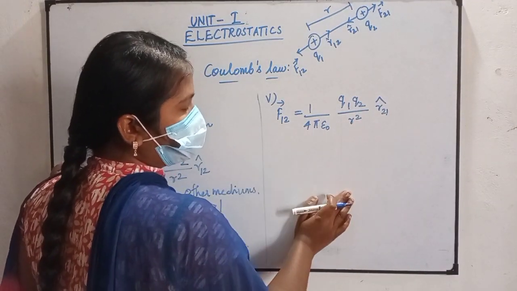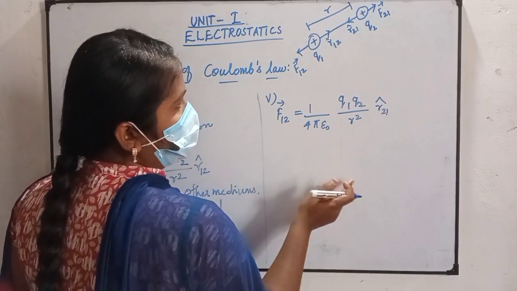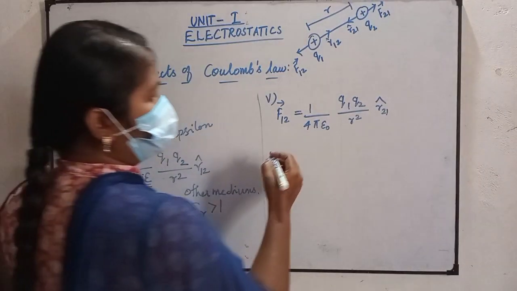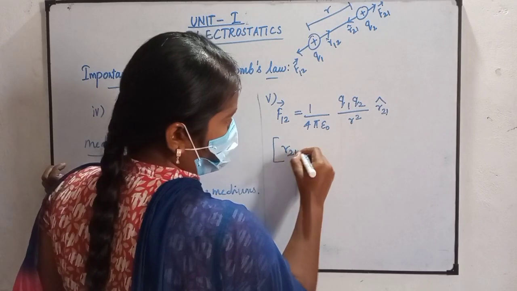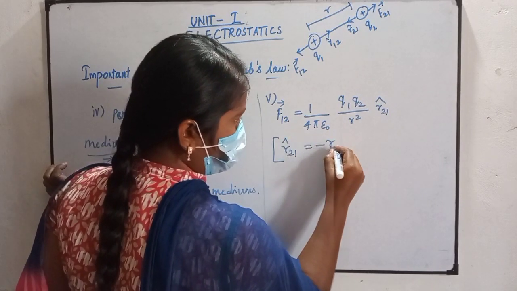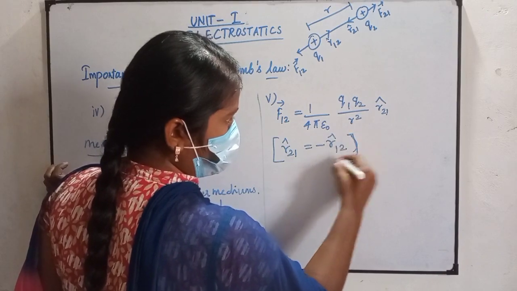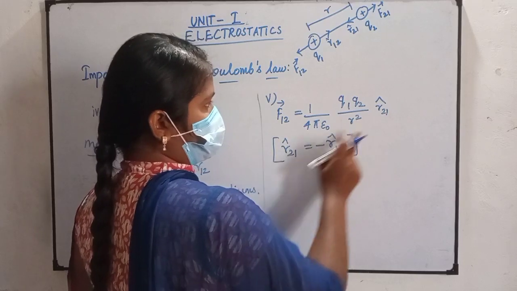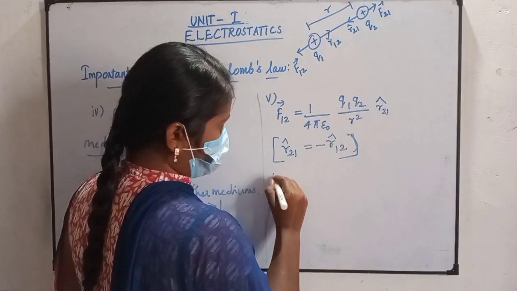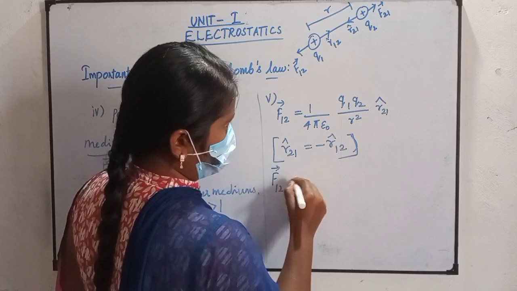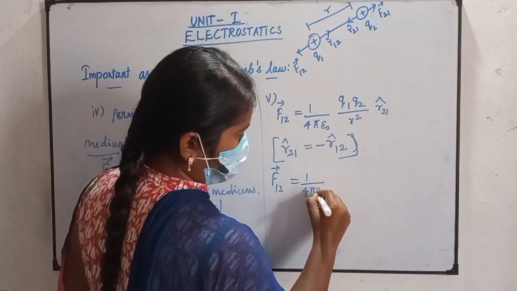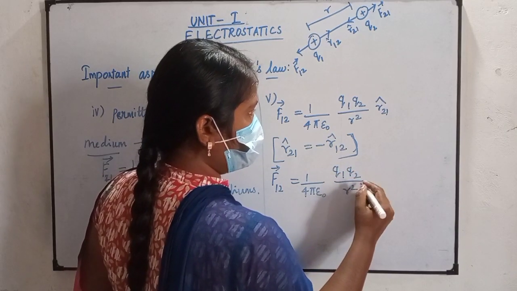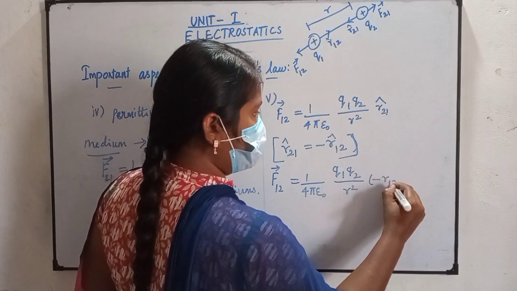Only this one term changes in the equation. Already in the first aspect, we know R21 is equal to minus R12. So we substitute minus R12 for R21, and the equation becomes 1 by 4 pi epsilon naught Q1 Q2 by R squared into minus R12.